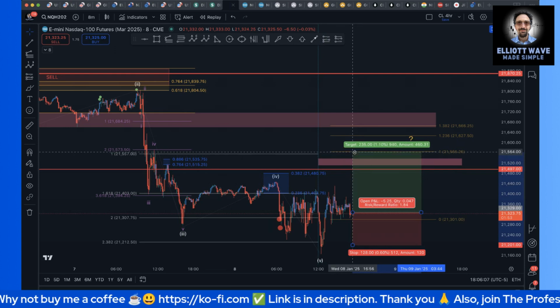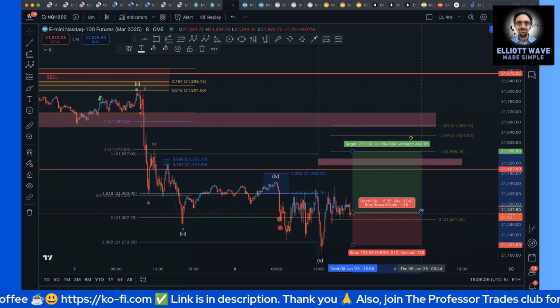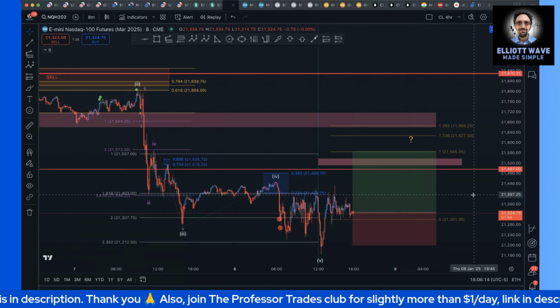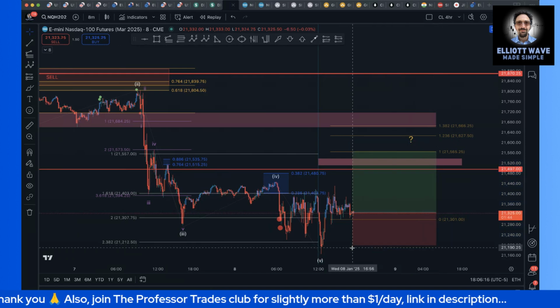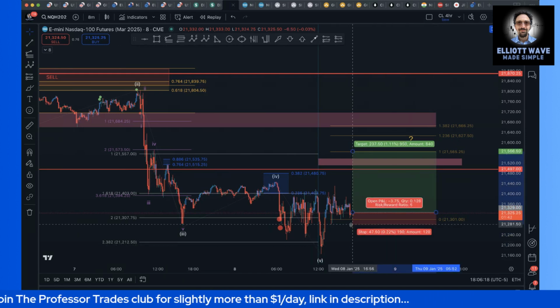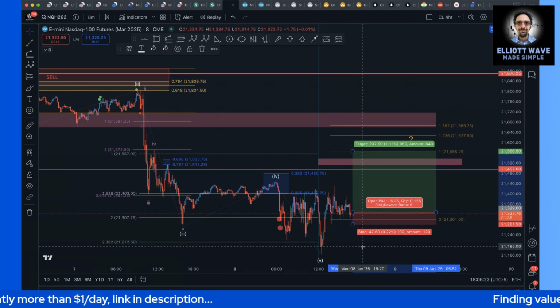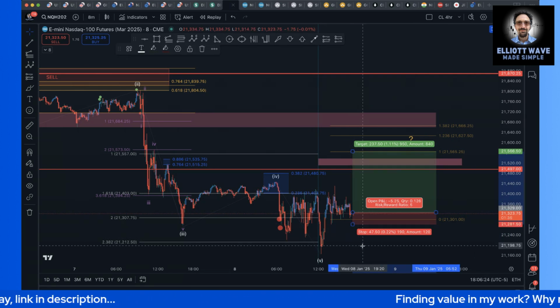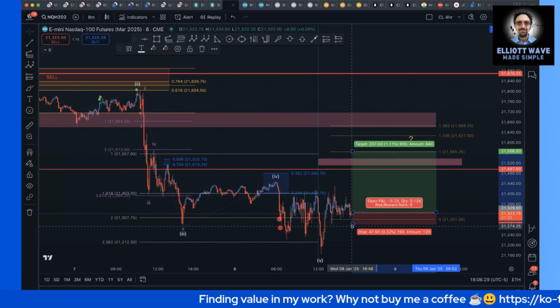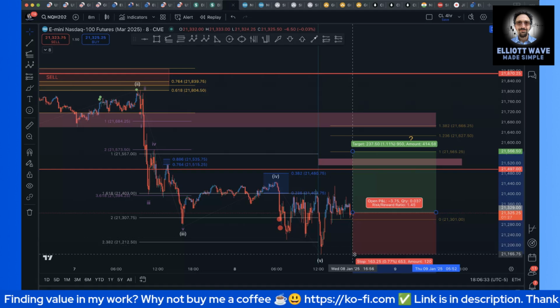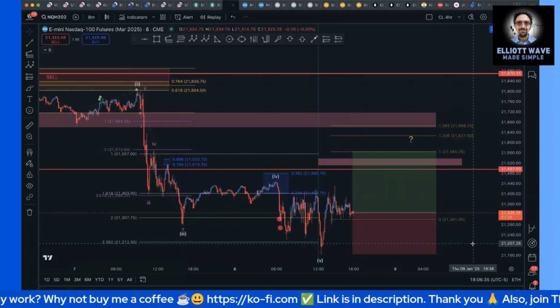The minimum that this should bounce is to that 100 fib at 21,500 ish. A tight stop would be like that, but a real stop based on structure, honestly, would be all the way down there.